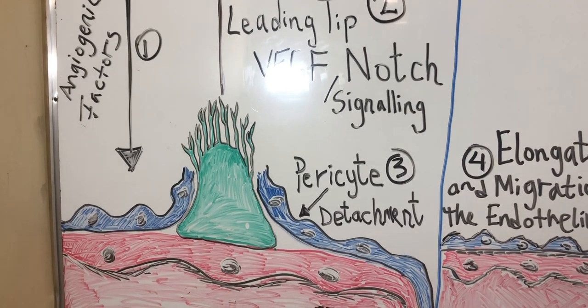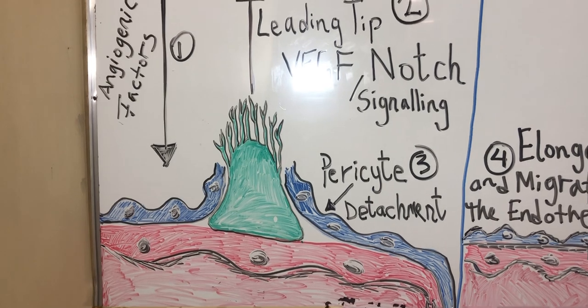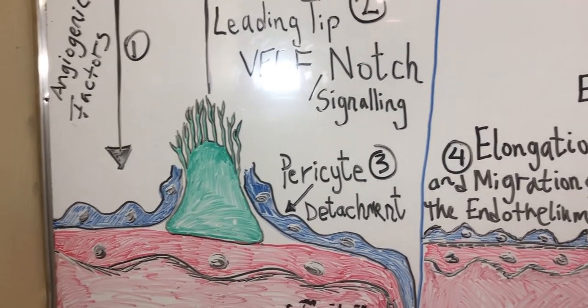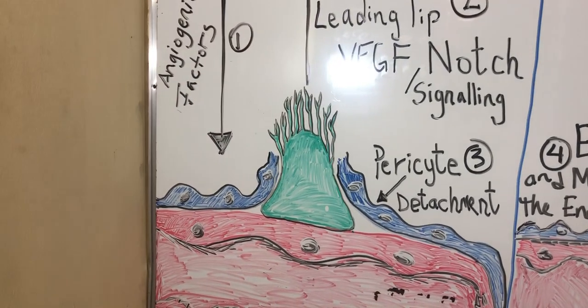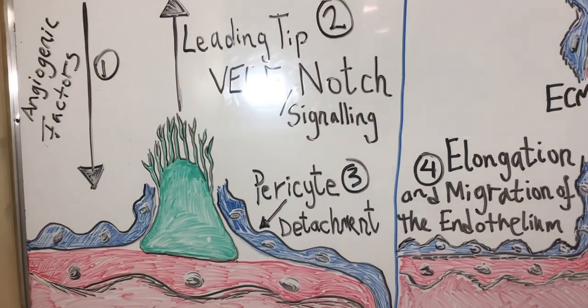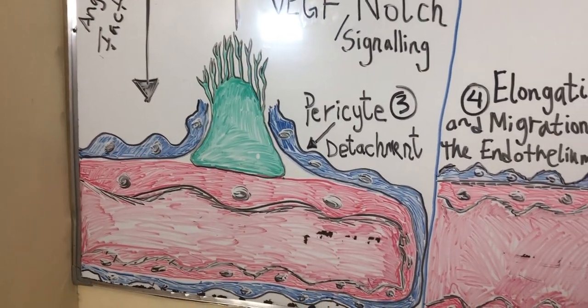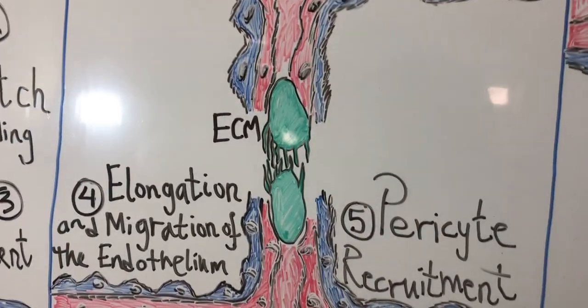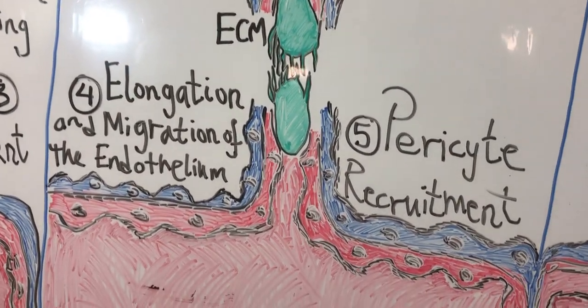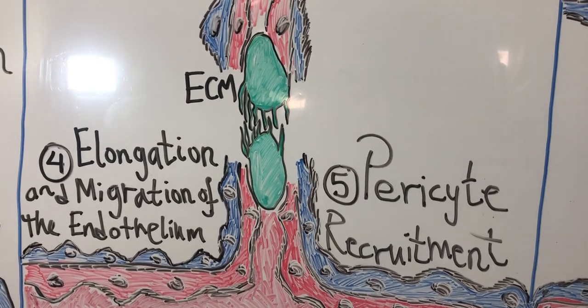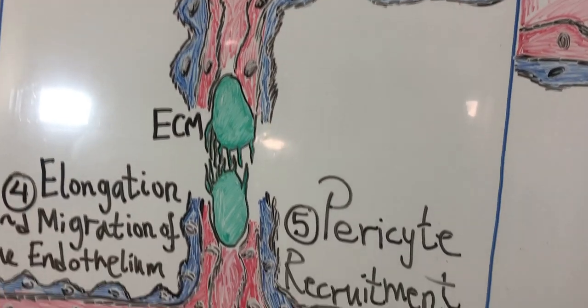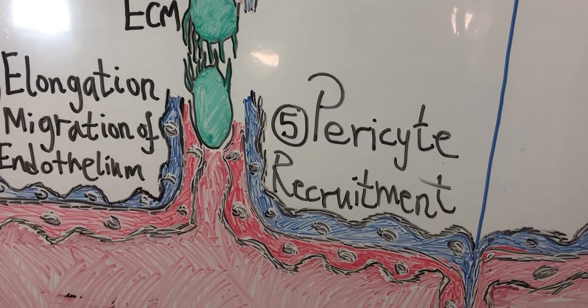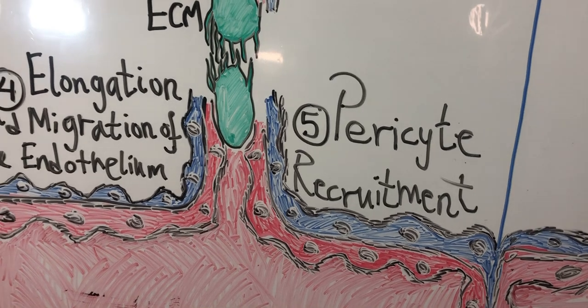to make a leading tip. Then the pericyte layer, the blue layer, would start to detach, and the extracellular matrix will be broken down in order to free the endothelium. Then we would have elongation and migration of the endothelium towards the leading tip from both directions, and then pericyte recruitment.